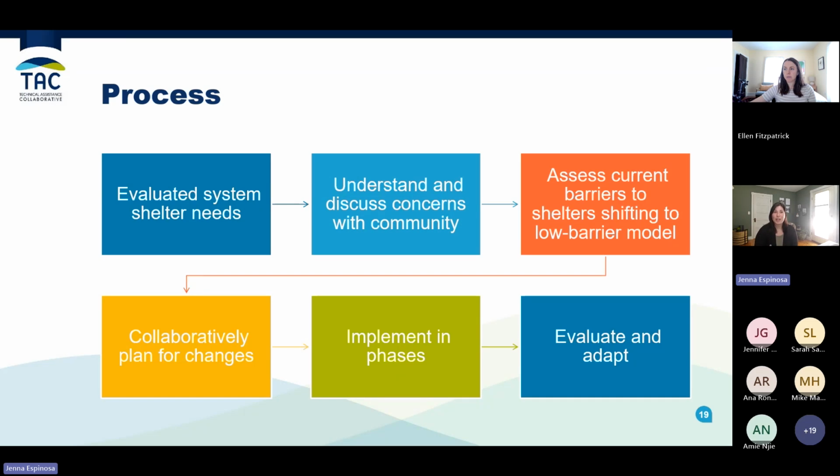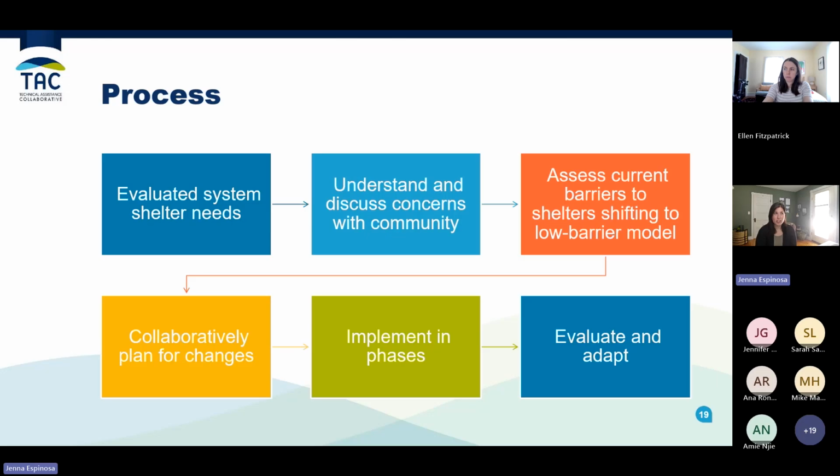And when we say community, we're also talking about businesses in the area, the neighborhood that the low barrier shelter might be in. So really involving folks in the process early on to make sure they feel heard and that you can take into account their concerns as you're creating these changes in a shelter or starting up a new low barrier shelter.